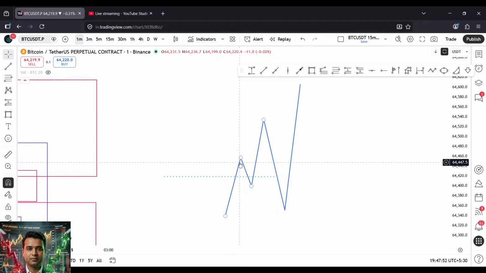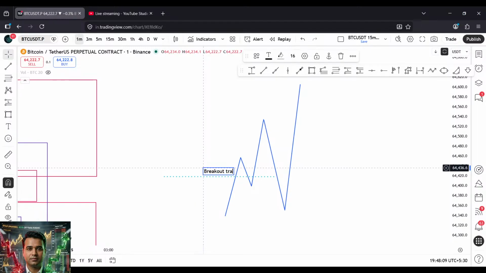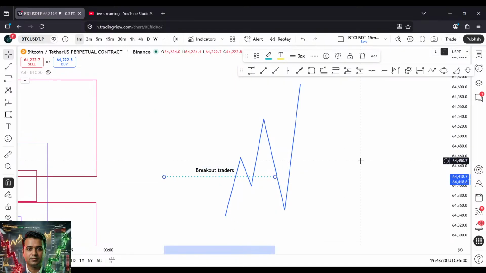And then there are pullback traders. One is breakout traders whose orders are resting above this. So let's type breakout traders. Breakout traders entered here, but their stop will be somewhere below this resistance.